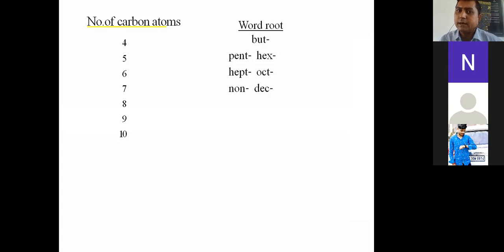These are the word roots: meth, eth, prop, but, pent, hex, hept, oct, non, and dec. 11 undec, 12 dodec.